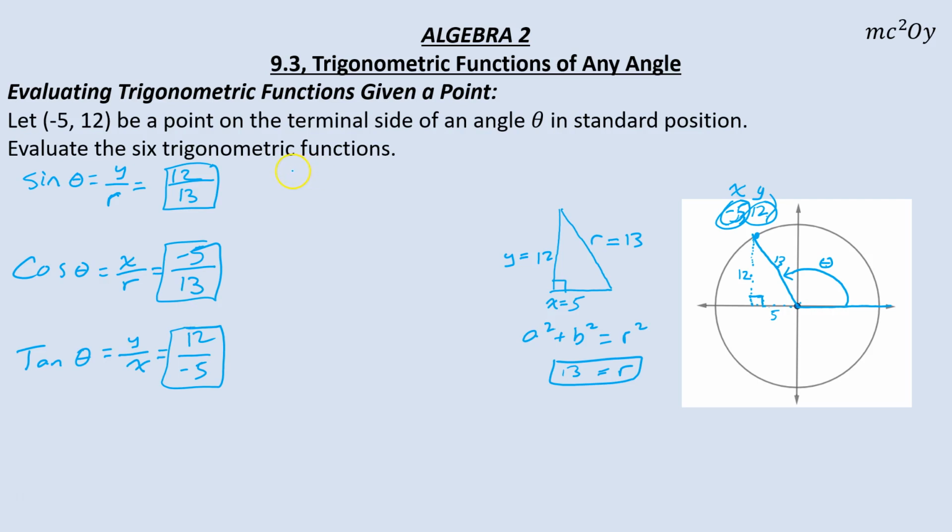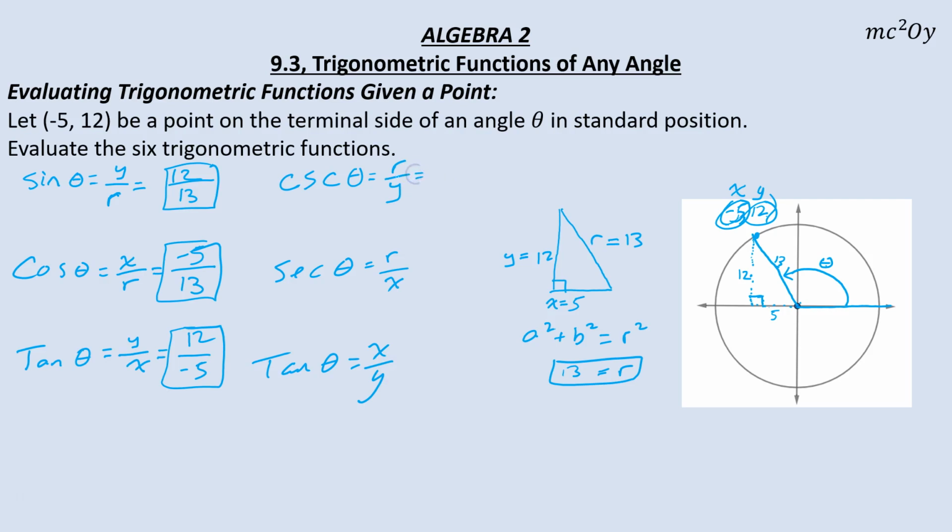Which means if I take the reciprocal functions, cosecant theta is going to be equal to r over y. Secant theta is going to be equal to r over x. And cotangent theta is going to be equal to x over y.